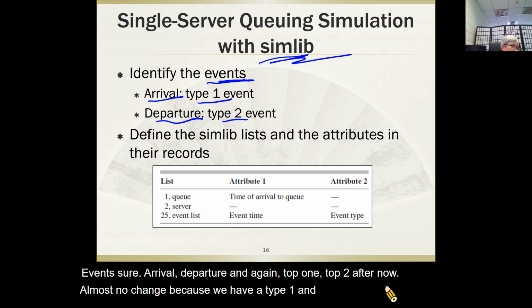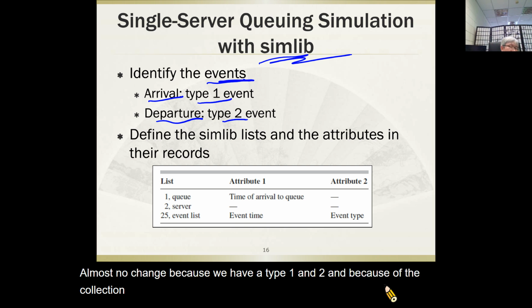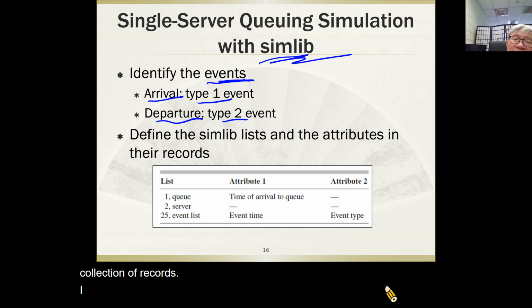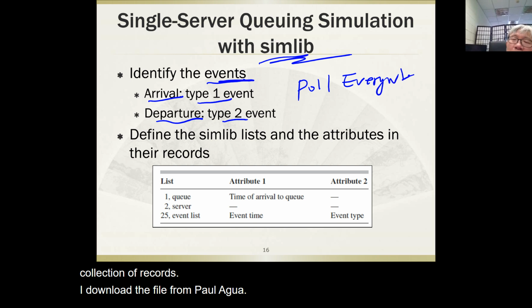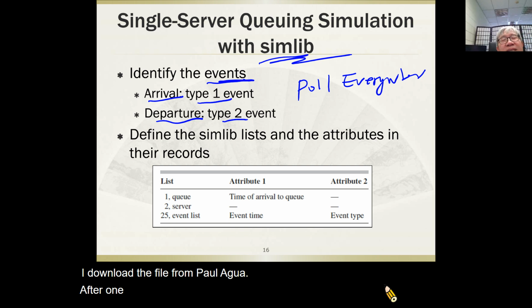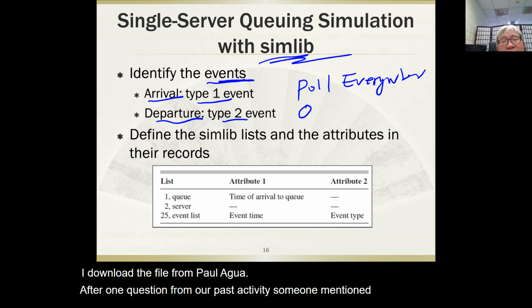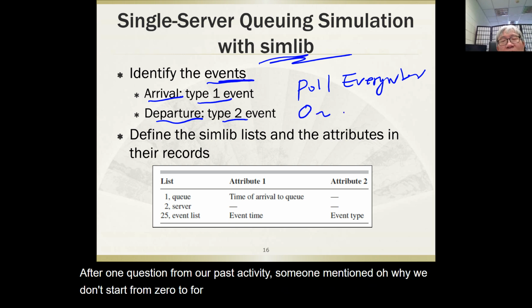Because of the collection of records, I downloaded the file. Actually, one question from our past activity: someone asked why we don't start from 0 to, for example, 100.